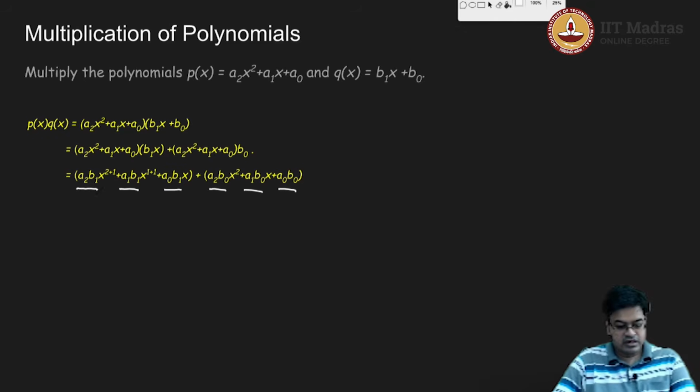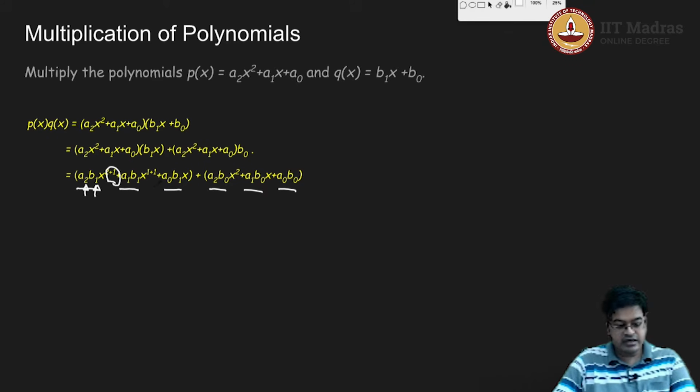For example, this term contains the coefficient of x raised to 3. This is 2 plus 1, so x raised to 3. So in that case, what is happening here is, if you look at the suffixes of the coefficients, this is a2, this is b1. So together they will sum to 3.